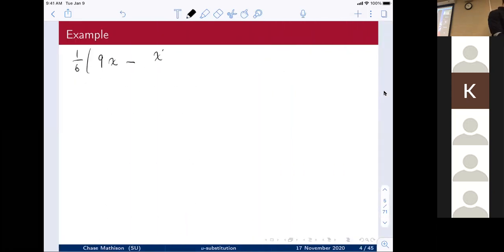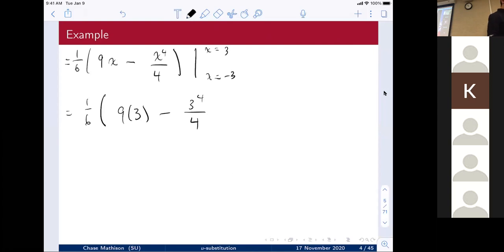Minus x to the 4 over 4. I'm going to evaluate this at x equals +3 and x equals -3. Well, when I plug in x equals +3, this equals 1 over 6 times 9 times 3 minus 3 to the 4 over 4.